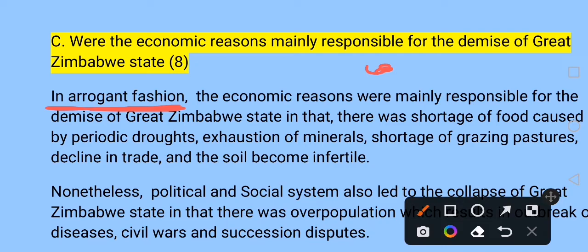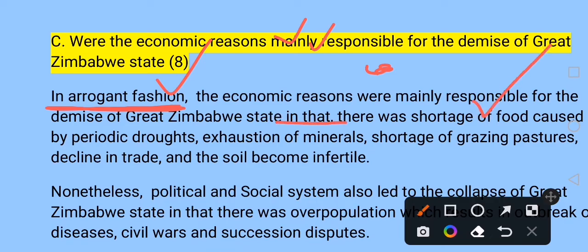Uri kuona secret. So in a broad fashion, which means to a greater extent, the economic, handikupikisi, ndati muri kutaura chokwadi apa, you are very correct kuti ma economic reasons ndiwo akakonzera chi downfall. So in a broad fashion, the economic reasons were mainly responsible for the demise of the Great Zimbabwe state in the sense that there was a shortage of food.